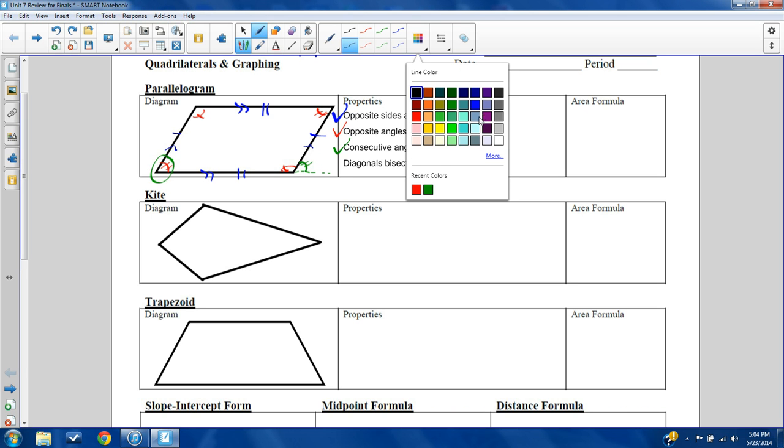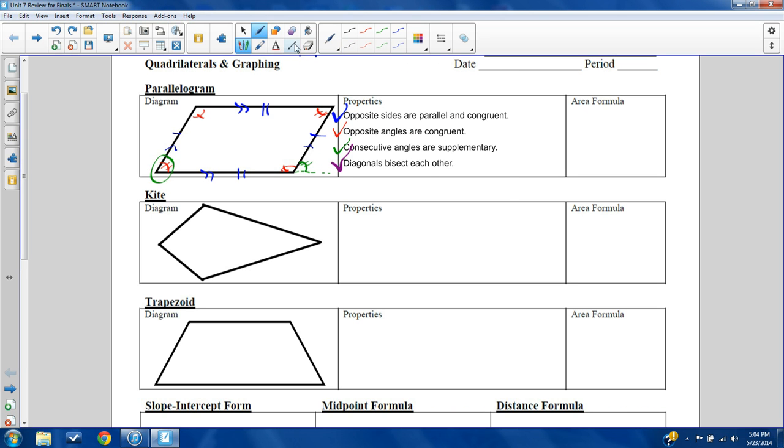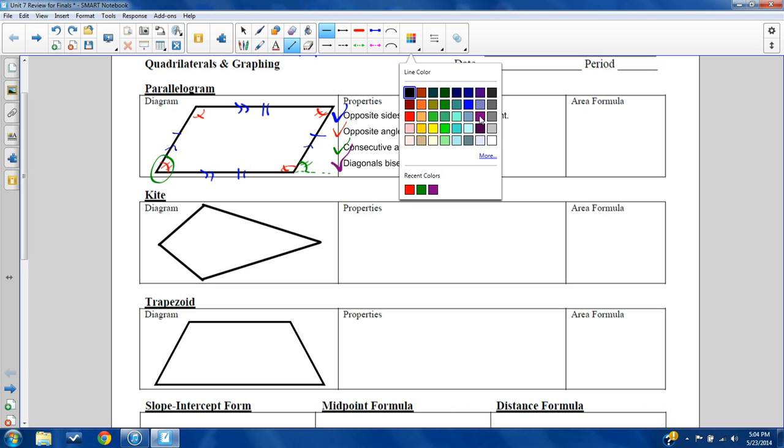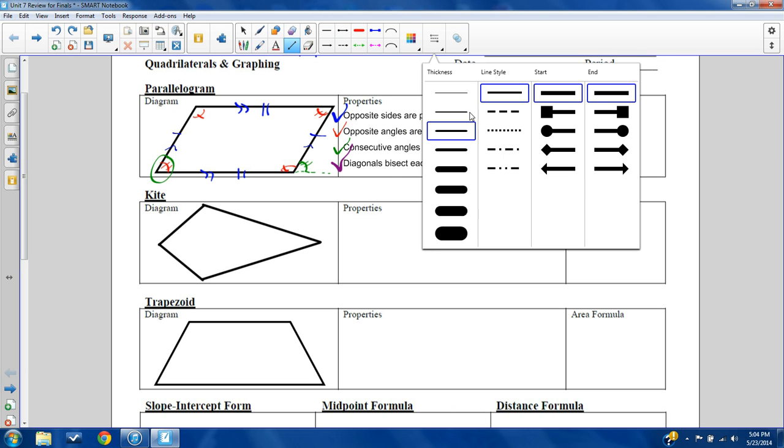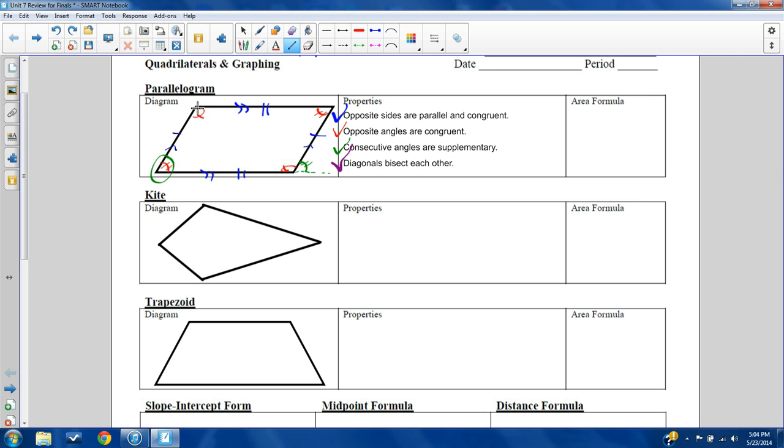And the last one, diagonals bisect each other. What I'm going to do here is draw you the two diagonals. I just want to make sure you remember what bisect means here. Here's a diagonal in this section. Here's a diagonal in this section. The diagonals are the segments drawn from vertex to vertex on opposite sides of each other.